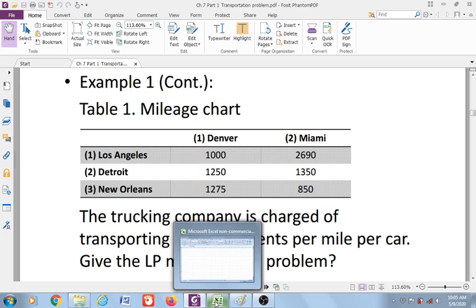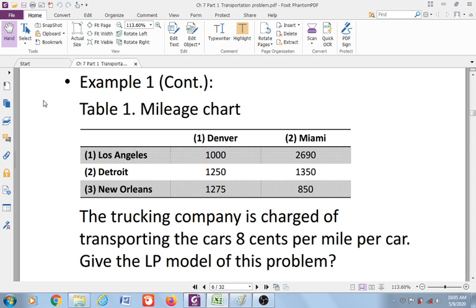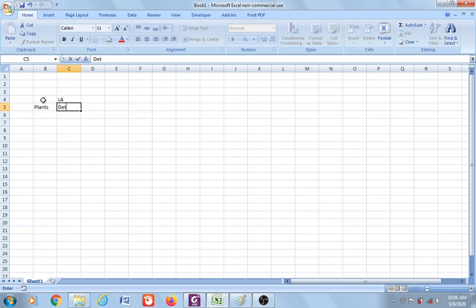So we have our plants in LA, Detroit, and New Orleans.